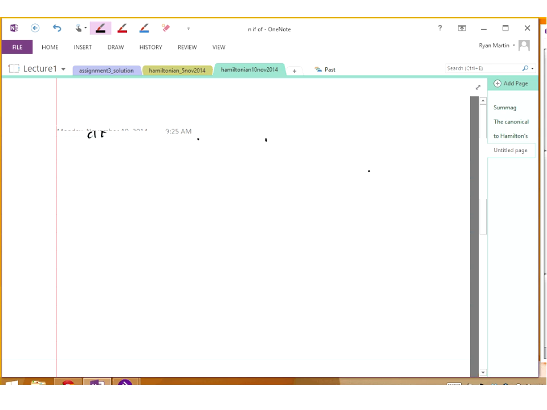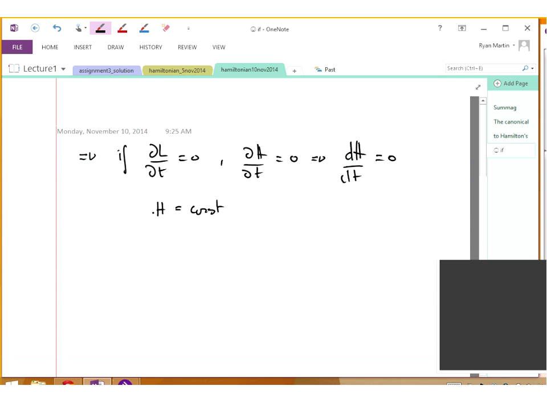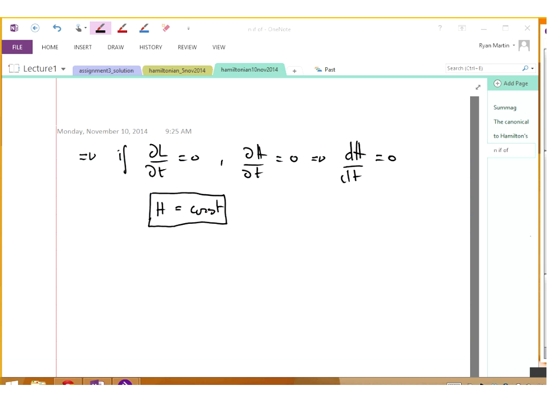And of course, ∂H/∂t is equal to dH/dt. So if ∂L/∂t equals 0, then H is equal to a constant. So of course, H has the same form as the Jacobi integral.